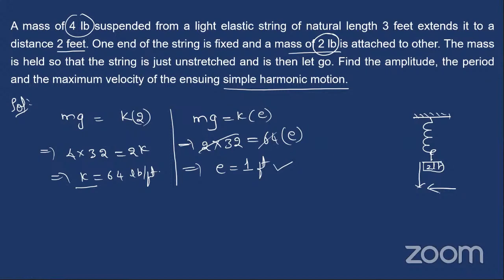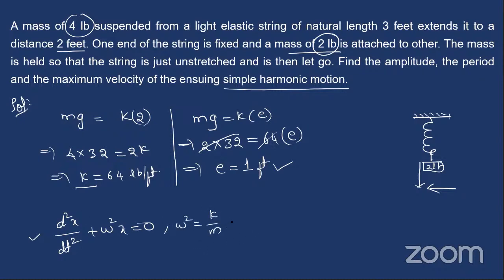Now all this is just information. Just recall what differential equation we have to use here. There is no damping force, so we use the differential equation d square x by dt square plus omega square x is equal to 0. When there is no damping, this is the differential equation we use. Here x is the displacement which we need to calculate, and omega square is k by m.